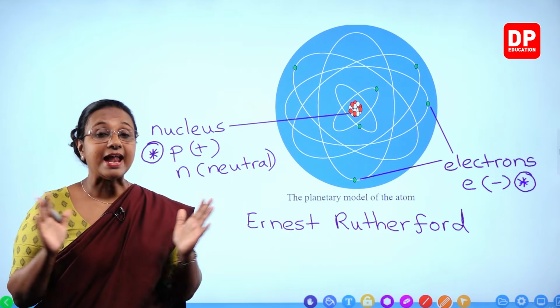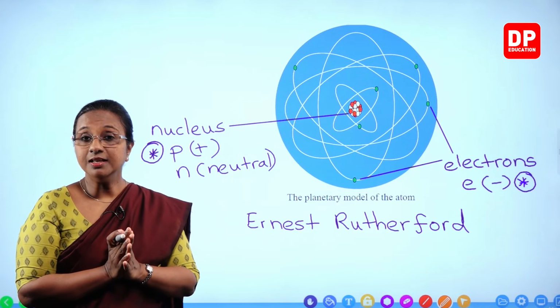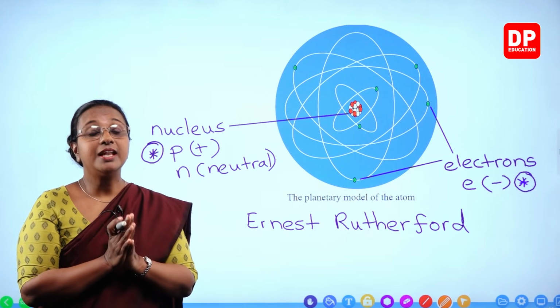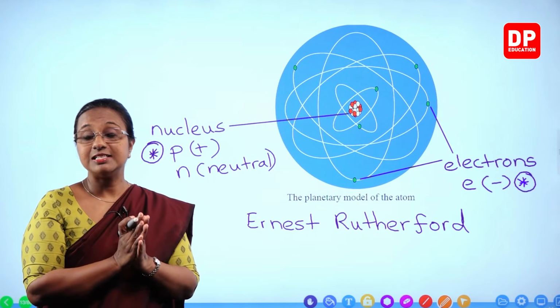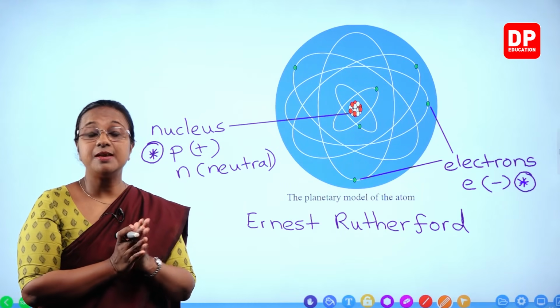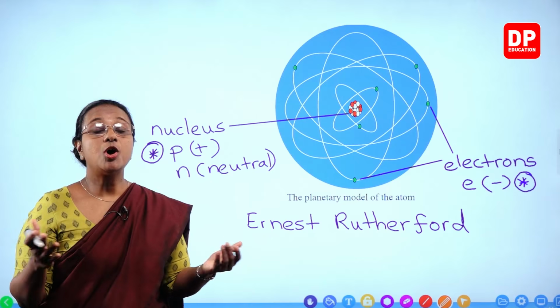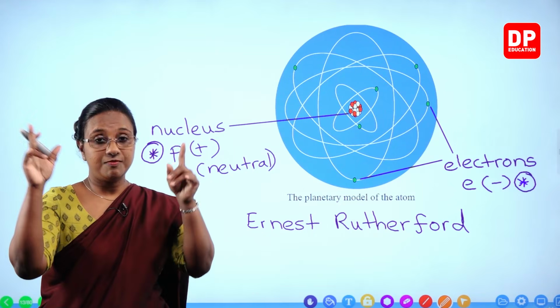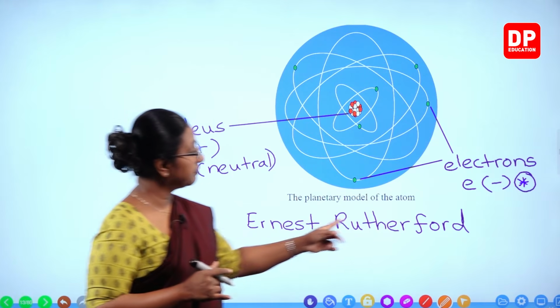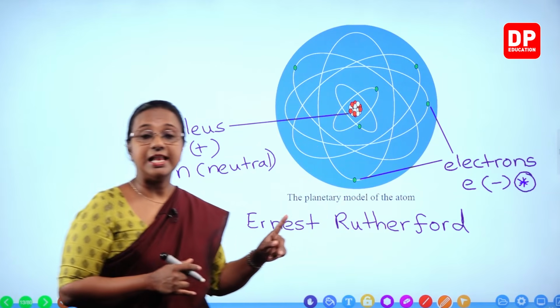That is why when atoms undergo bonding, you can remember the covalent compounds, the electrons arrange themselves so that there is less repulsion between them. That's why we have different shapes. You can remember, for example, the water molecule has a V shape with the lone pairs and the two bond pairs. That is because of the repulsion between electrons.